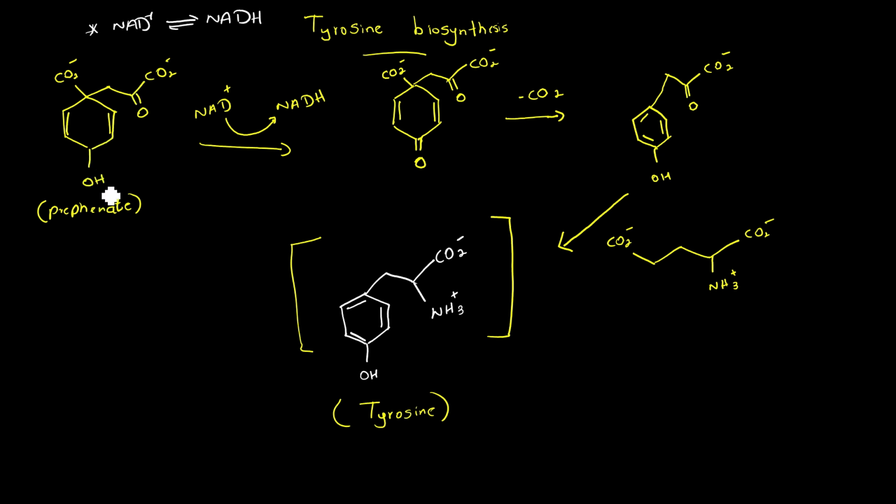So here you can see there is an OH group. This hydroxyl group has converted into a carbonyl group. The hydrogen is being removed by this NAD plus. As the reaction moves forward, this NAD plus takes a hydrogen and converts to NADH. So this hydroxyl group converted into a carbonyl group.